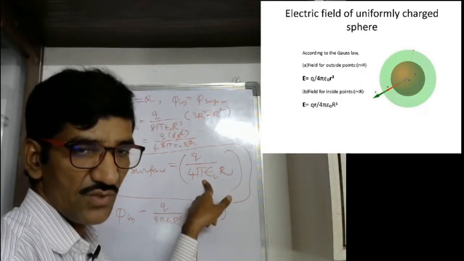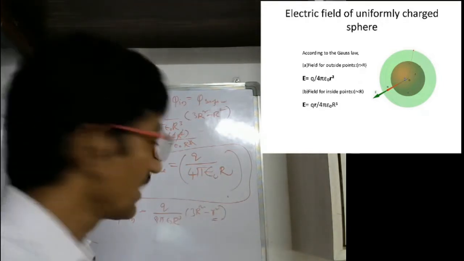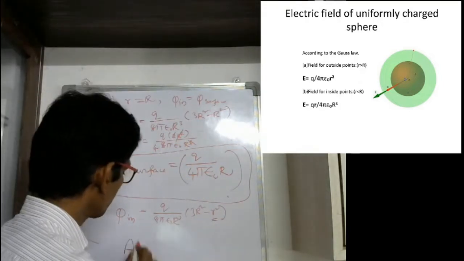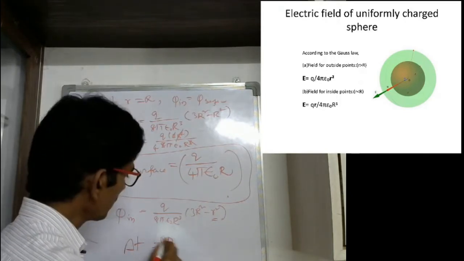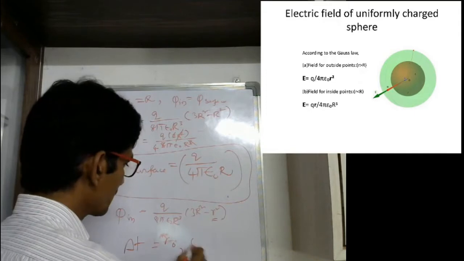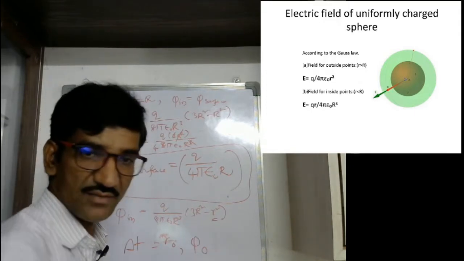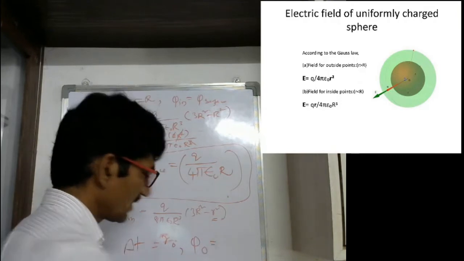Let us see what potential you have at the center. That should be the maximum one. At r is equal to 0, this psi becomes psi center.